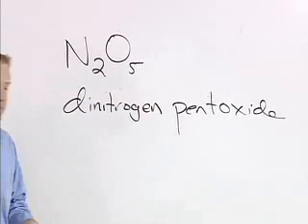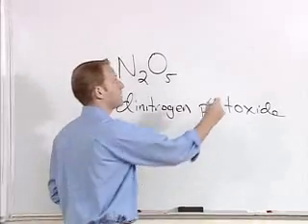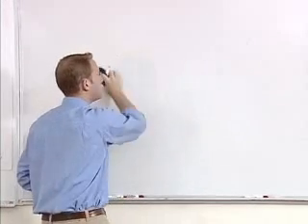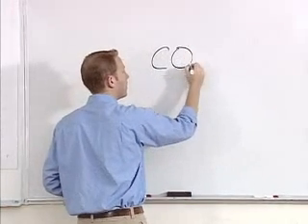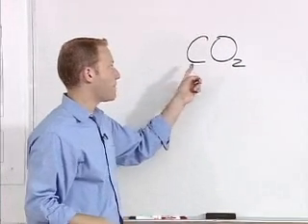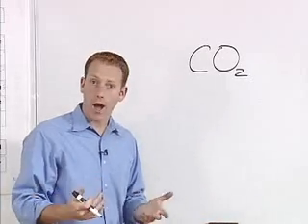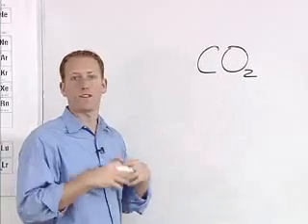And the only other exception there is when the first element has only one. So here you have CO2. Now that's 2 nonmetals. Why wouldn't you say monocarbon dioxide? We call it carbon dioxide. Why? Because when the first element has 1 atom, you don't have to say mono.